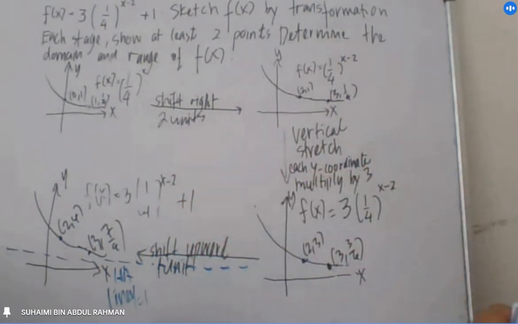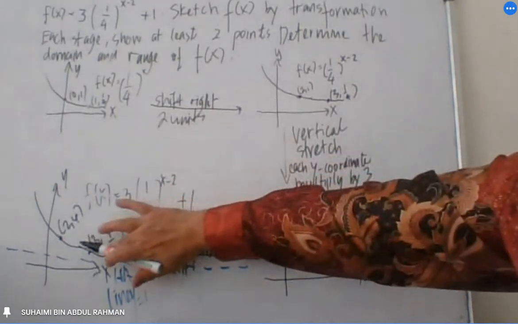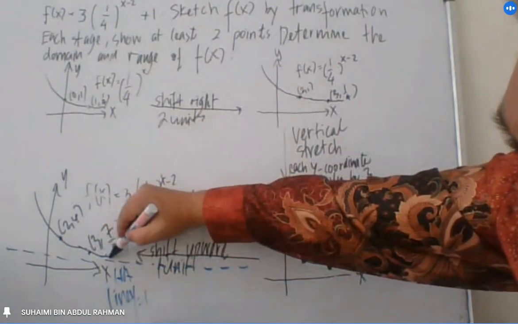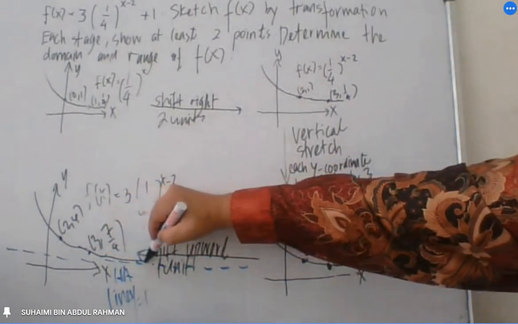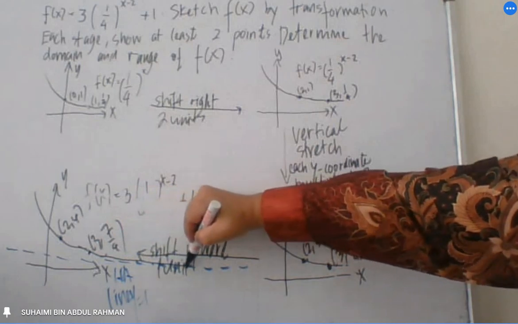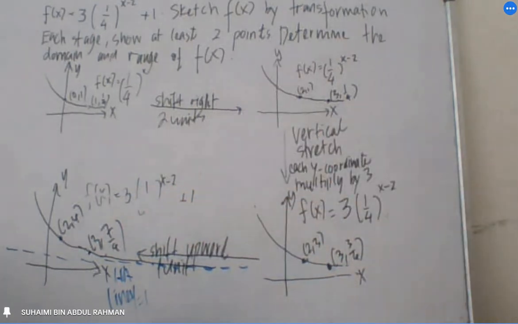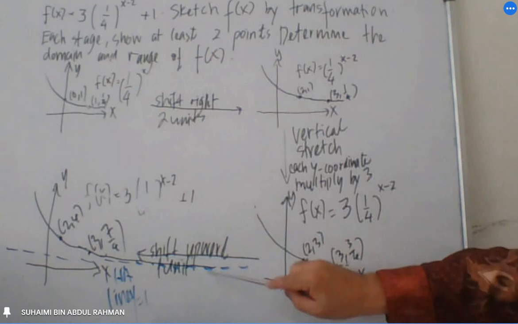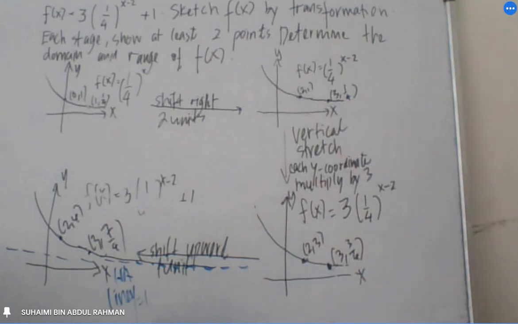For example, if you sketch this graph, it will approach, just approach, but never pass that line.